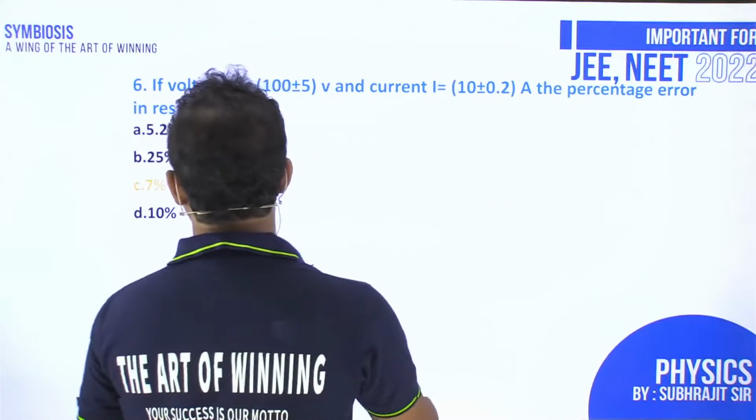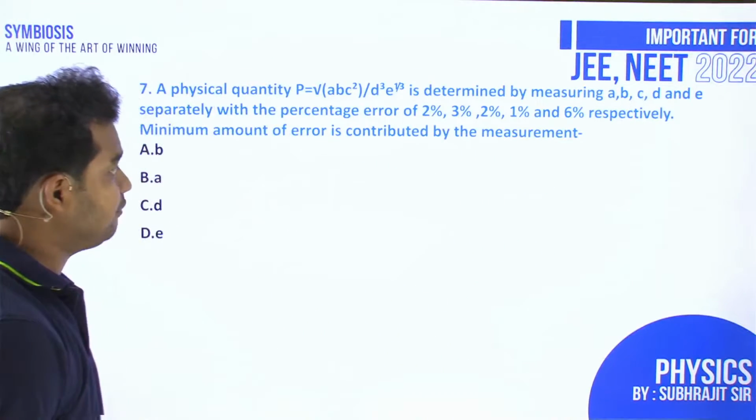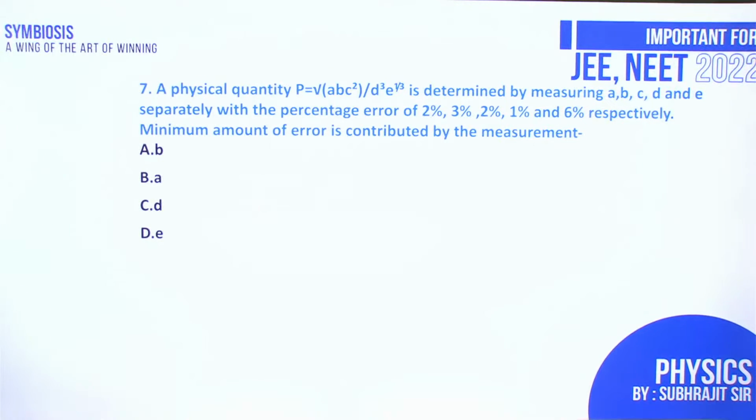Question number 7. Everyone do this. A physical quantity P equals the root of A B C square divided by D cube e to the power 1/3 is determined by measuring A, B, C, D and E separately with a percentage error of about 2%, 3%, 2%, 1% and 6% respectively.